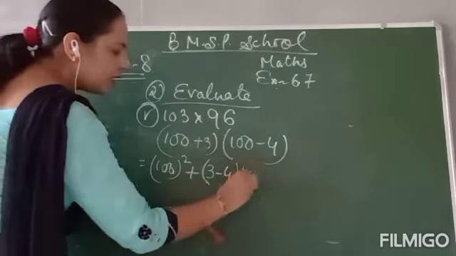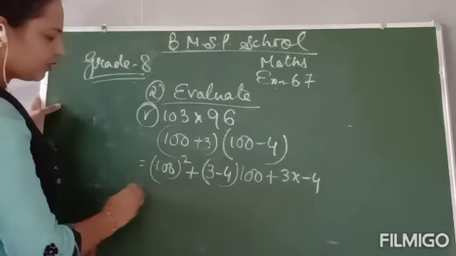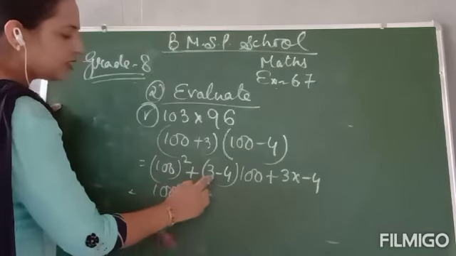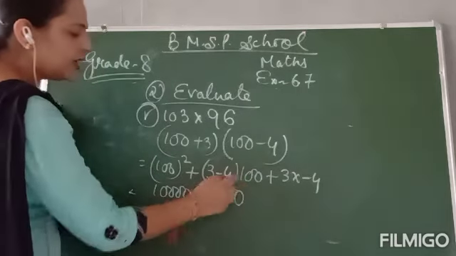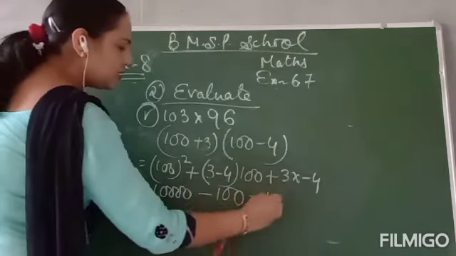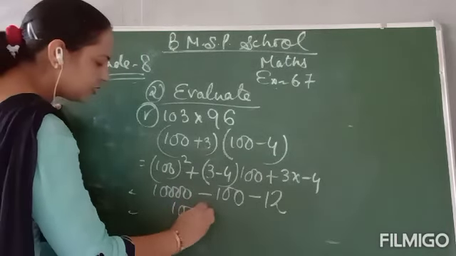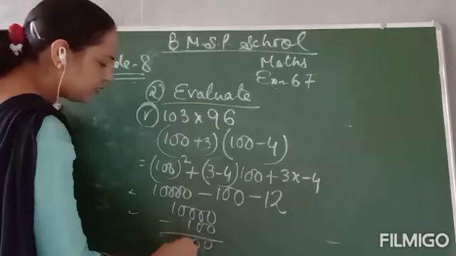It means 100, and the product of both, 3 into minus 4. The square of this is 10,000, minus 3 minus 4 is minus 1, so it's 100 again. 1 into 100, 100, minus 12. Okay, now do the subtraction. 10,000 minus 100. I got my answer 9900.